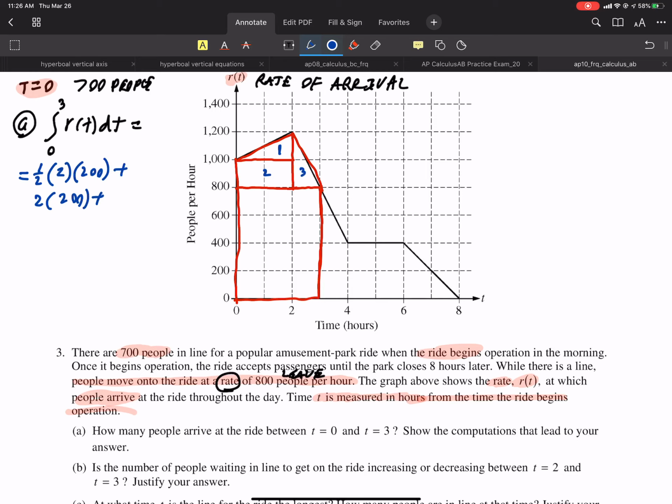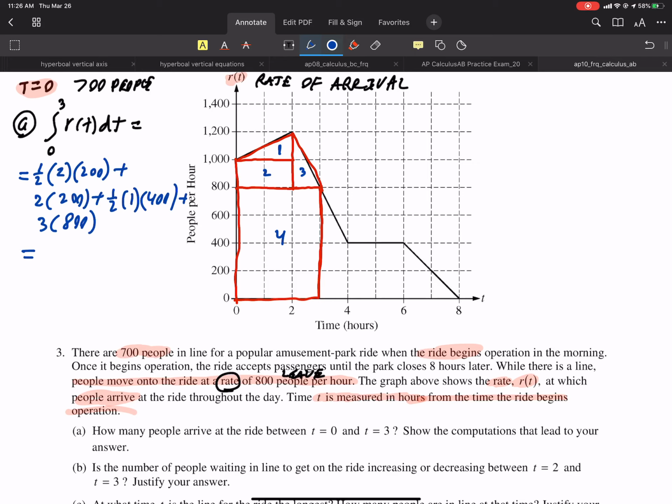And I'll call this 3. The area of that is 1/2, the base is 1 hour, and the height goes from 800 to 1,200, that's going to be 400. Plus, and then I'll call this area 4. That's just a rectangle, the base is 3, and the height is 800.